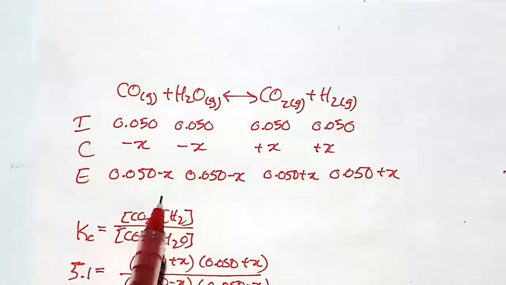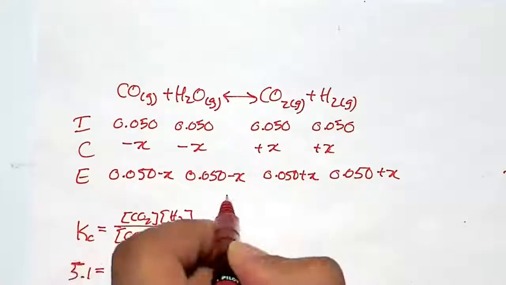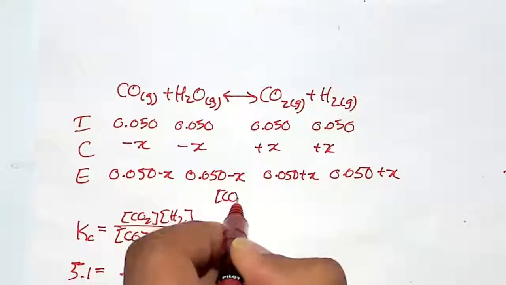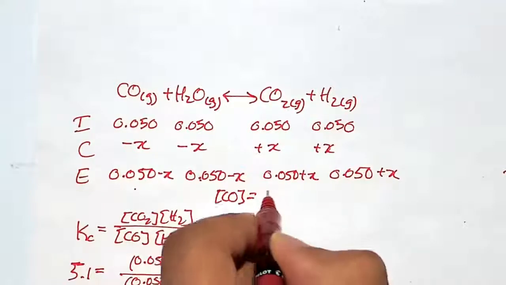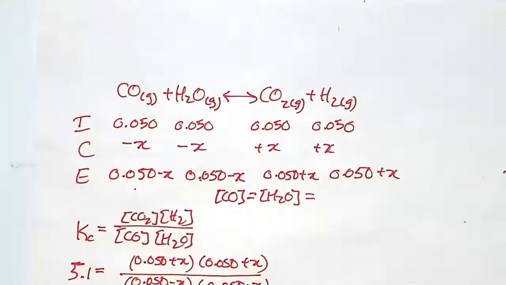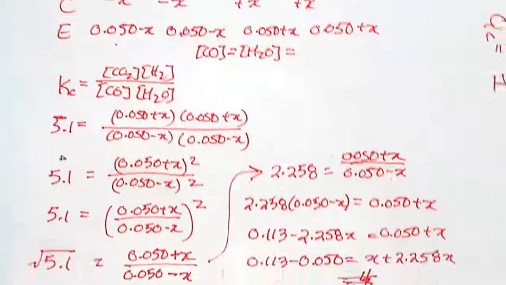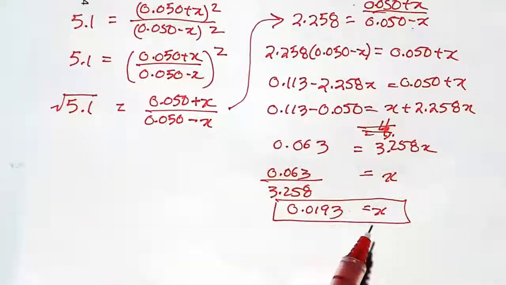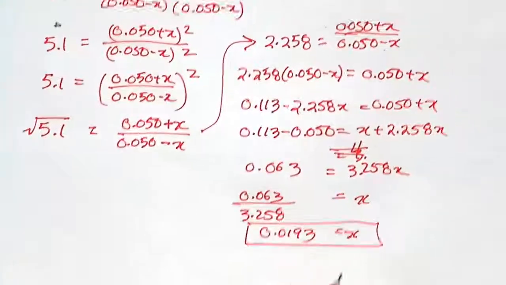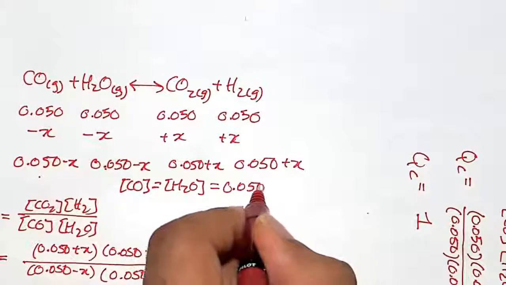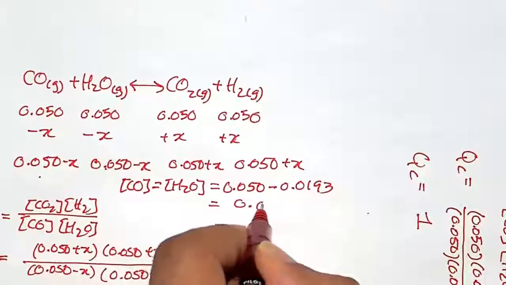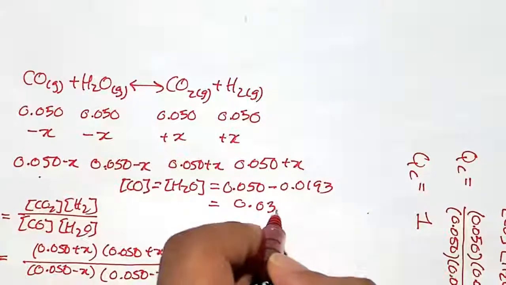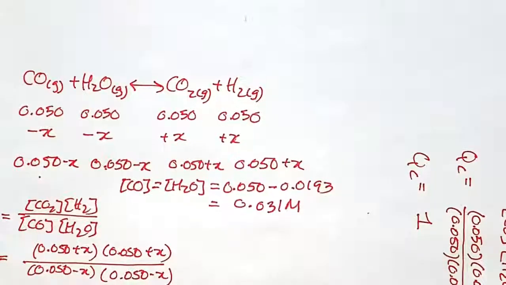So our equilibrium concentration of CO gas is going to equal the equilibrium concentration of H2O gas, which is 0.050 minus x. We just calculated x to be 0.0193, so 0.050 minus 0.0193 gives 0.031 molar.